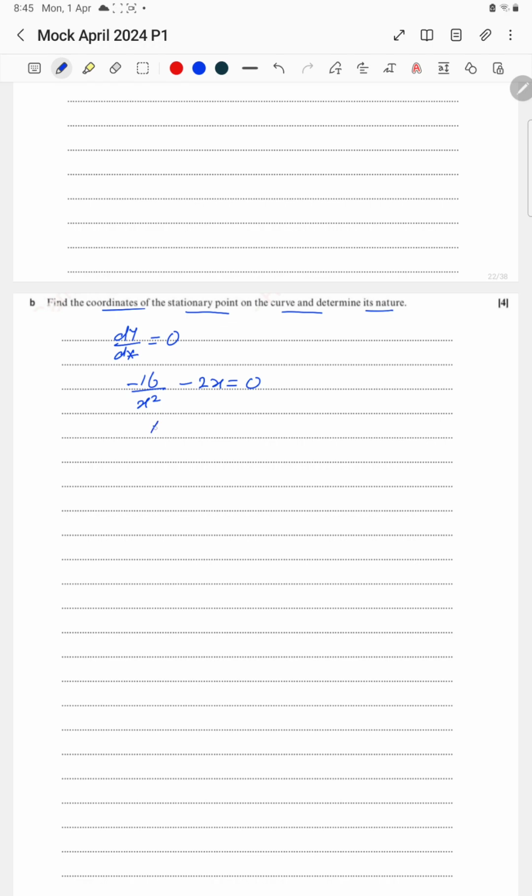Simplifying it, 16 over x squared equals 2x. Cross multiplication gives minus 8 is equal to x cubed. So taking the cube root, we get x is minus 2.